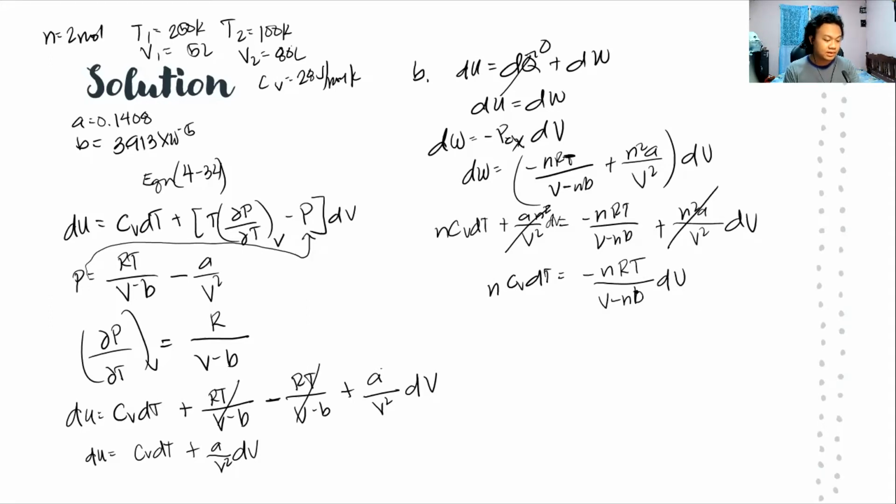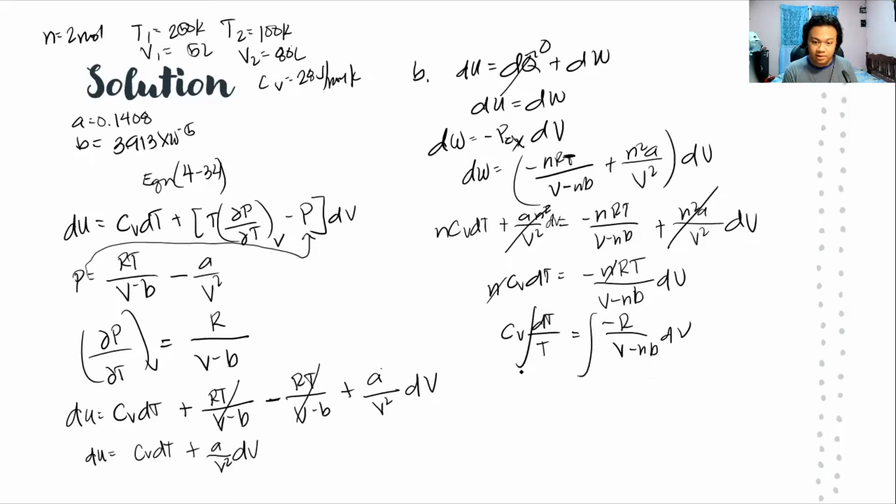And then we can cancel these n's here, and then divide by T, because this is a variable separable differential equation. So Cv dT over T equals negative R dV over V minus nb. Okay, we can integrate now.